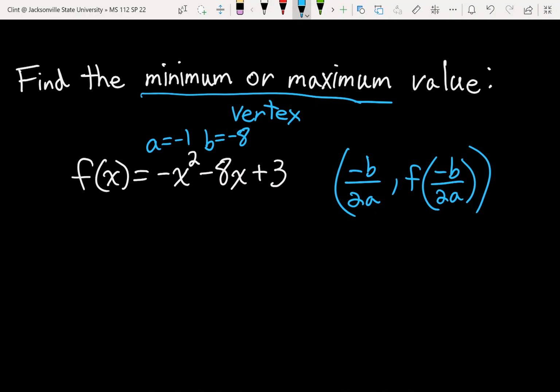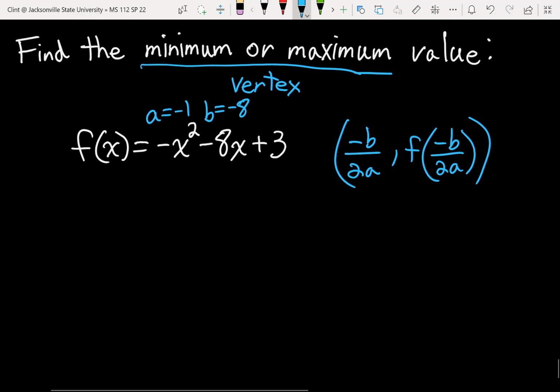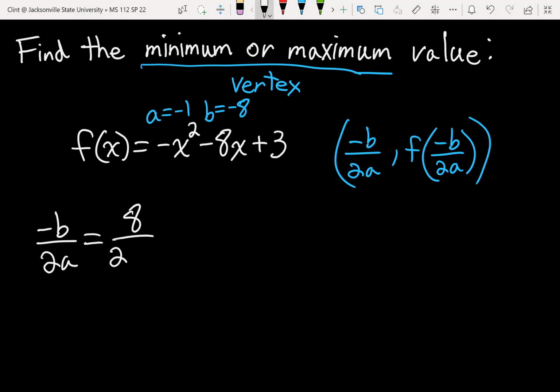We don't care about c. We just need a and b. So if I do negative b over 2a, it's going to be 8 over 2 times negative 1. 8 over negative 2, or negative 4.